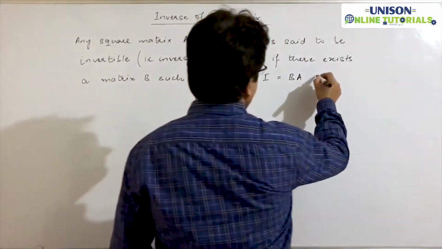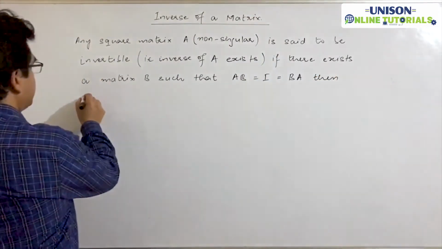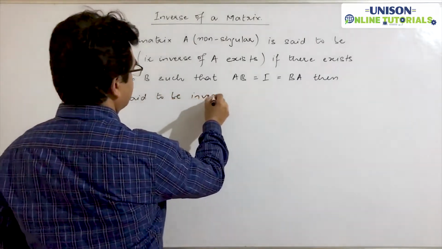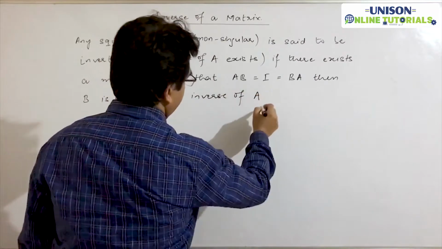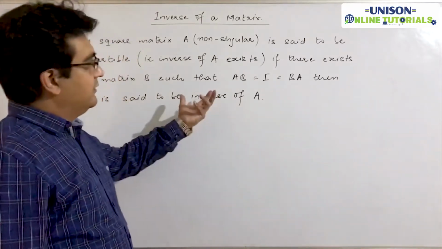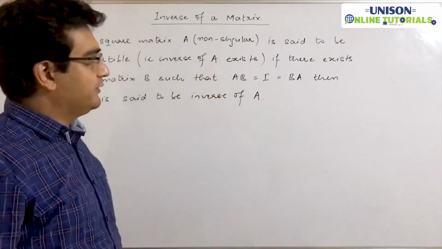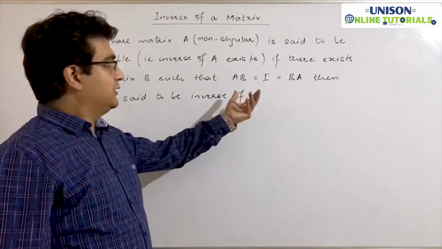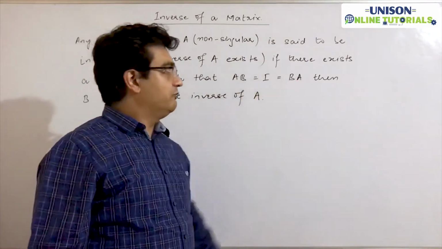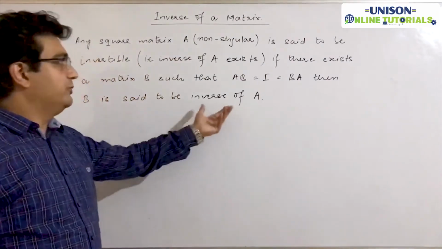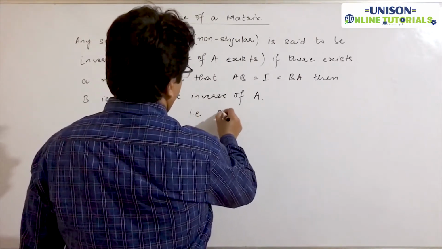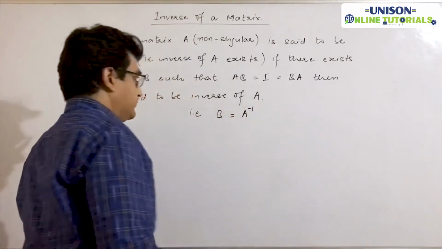Then B is said to be the inverse of A. अगर A का inverse exist करता है, then A is said to be invertible matrix. और उसका inverse अगर कोई एक और square matrix B है such that AB is equal to I, which is also equal to BA, then B is said to be the inverse of A. That is, B will be equal to A inverse.